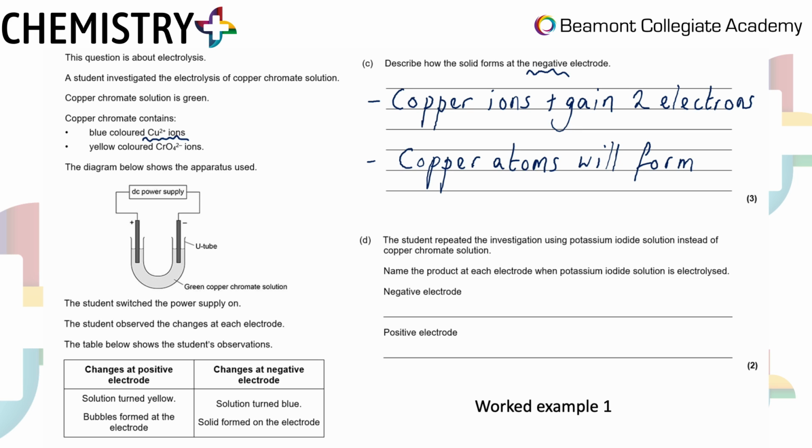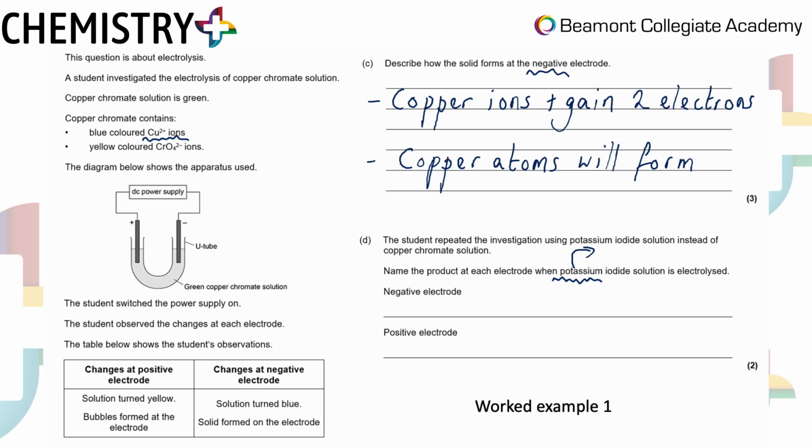Part D. The student repeated the investigation using potassium iodide solution instead of copper chromate solution. Name the product at each electrode when the potassium iodide solution is electrolyzed. So looking at this, I know that potassium is higher in the reactivity series than hydrogen.